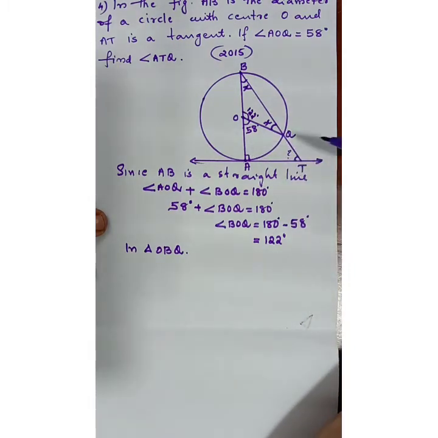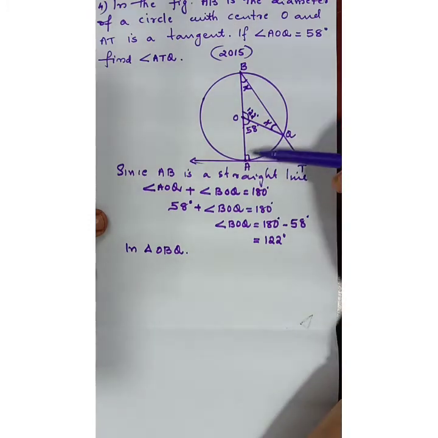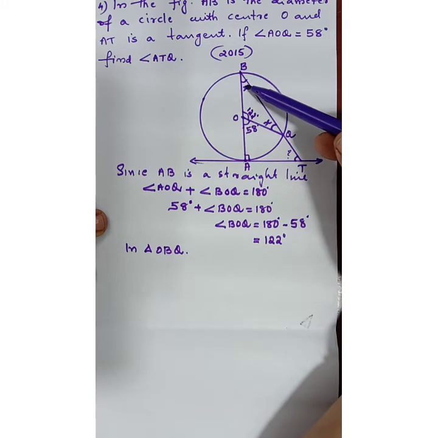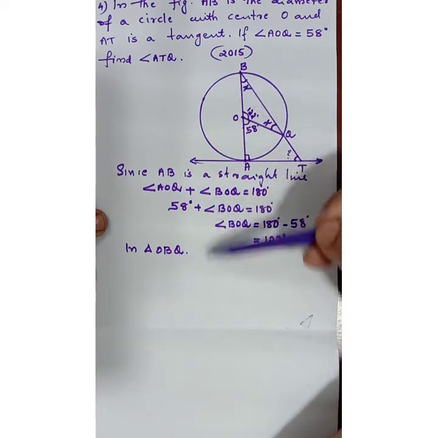So there are different methods in geometry. You can use any method. One method I am explaining here. If 58 is here, actually there is a theorem, and from the previous question you might have understood, this angle will be half of that.